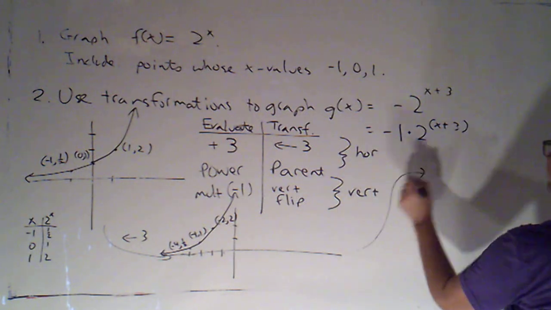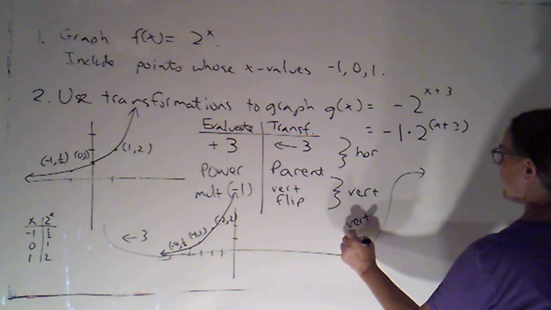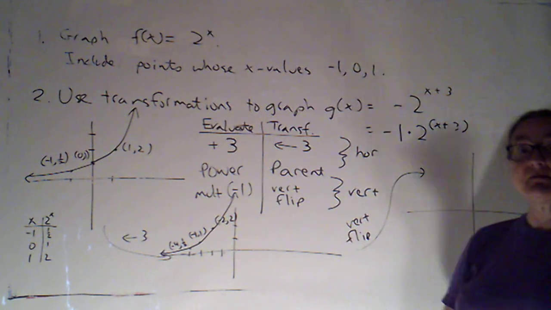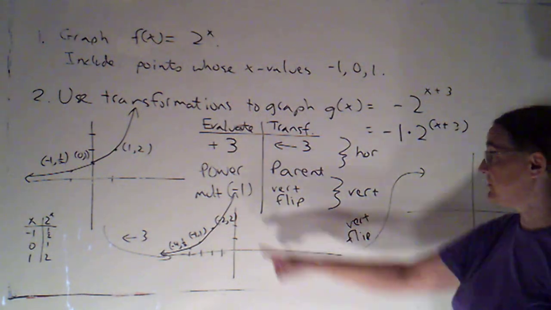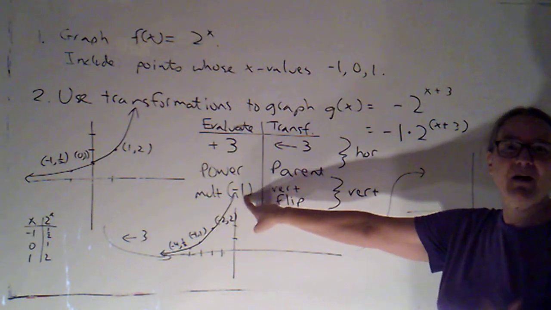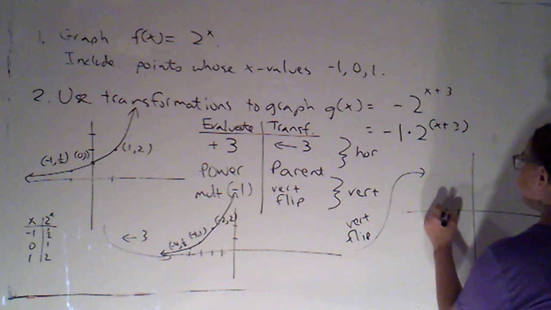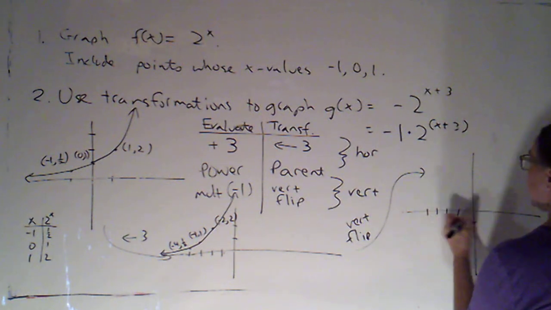Now I'm going to do the vertical flip. That's going to keep those x values the same. Now I'm changing my y values, and I'm doing exactly that to them. I'm going to multiply them by -1. So I will have a point -4, -1/2.